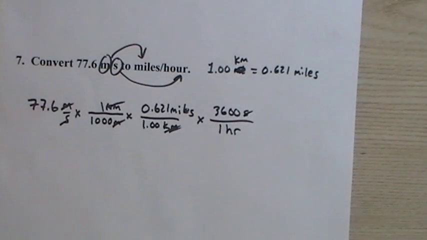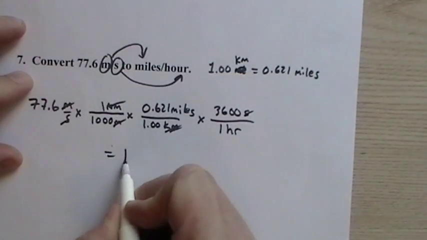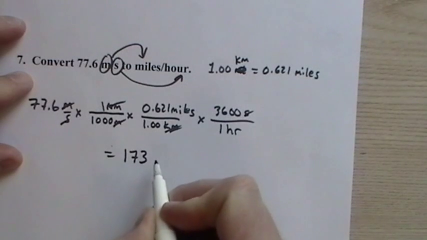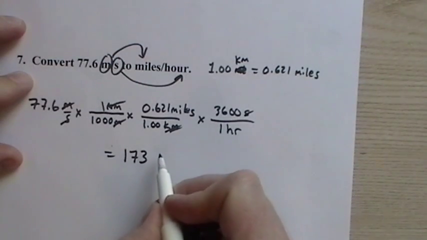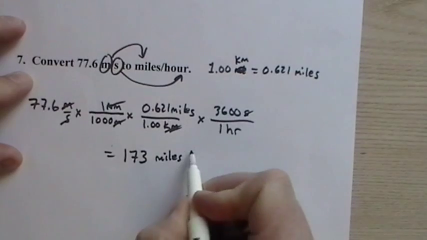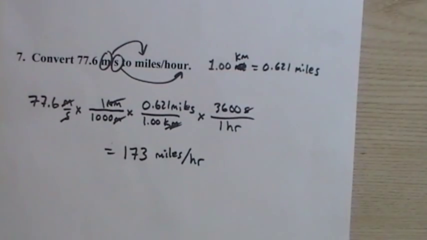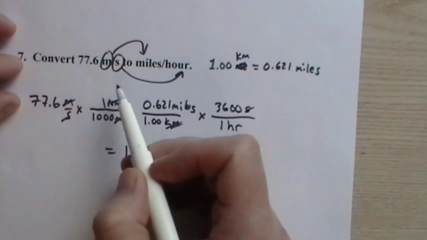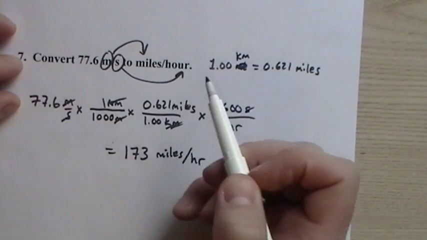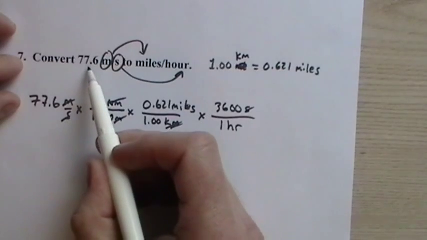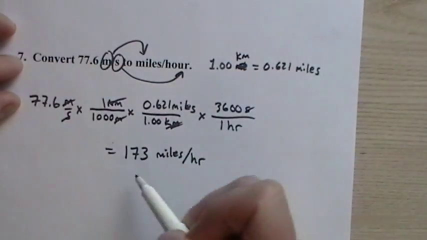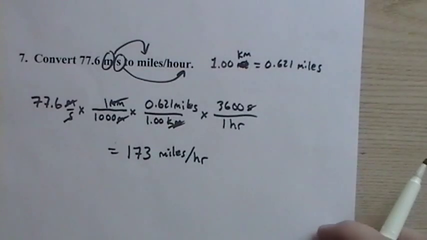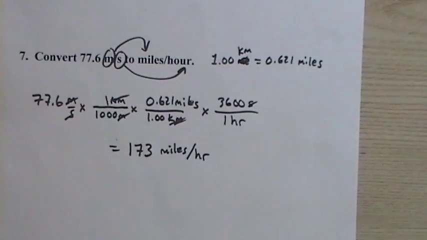About 1,000 times 0.621 times 3,600, and this comes out to be 173 miles per hour. And I know that 88 feet per second is 60 miles an hour. This is much more than 88 feet per second. So yeah, we should expect that this is a pretty quick speed. But let me double check.